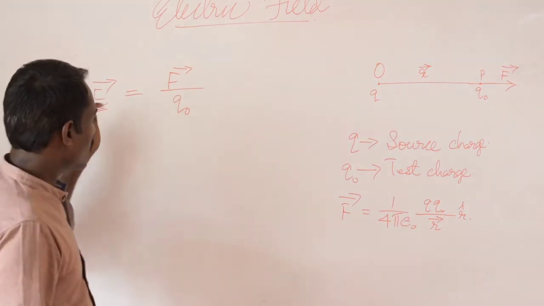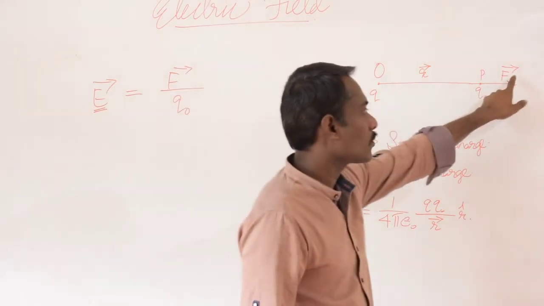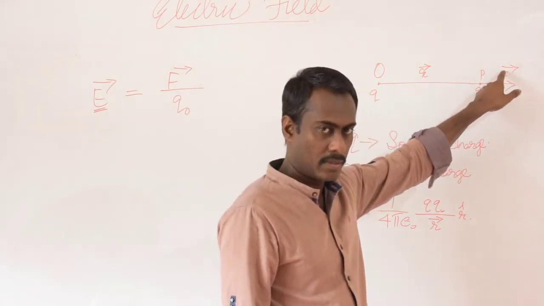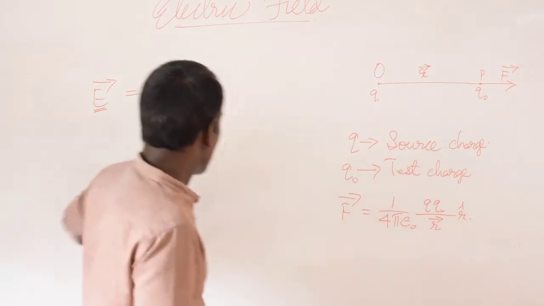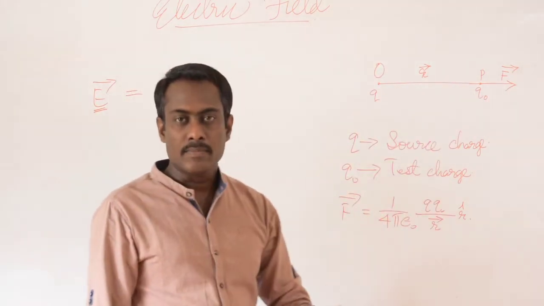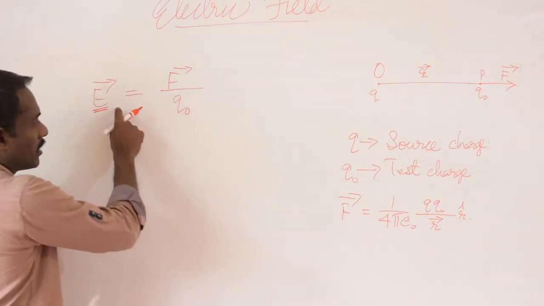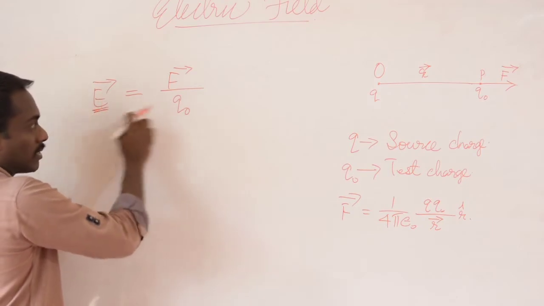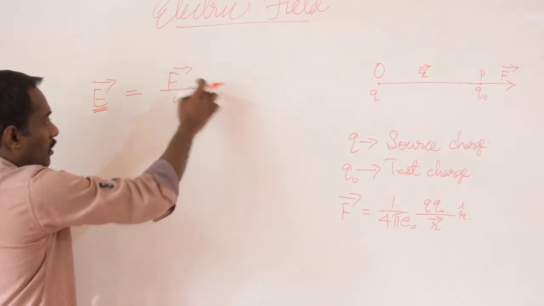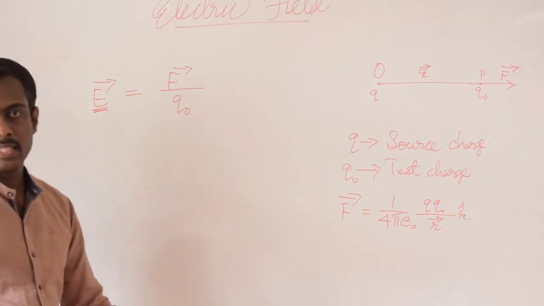The direction of the electric field is the same as the direction of the force. That means the electric field and force both have the same direction. So since the electric field has direction as well as magnitude, it has both magnitude and direction.